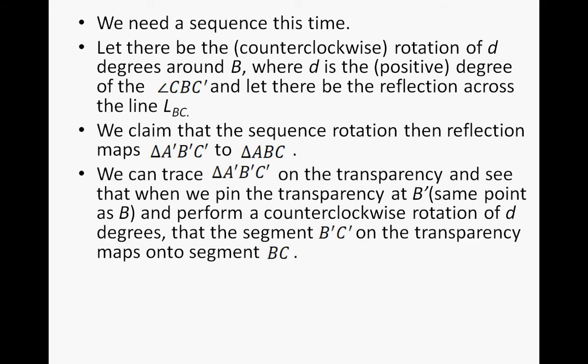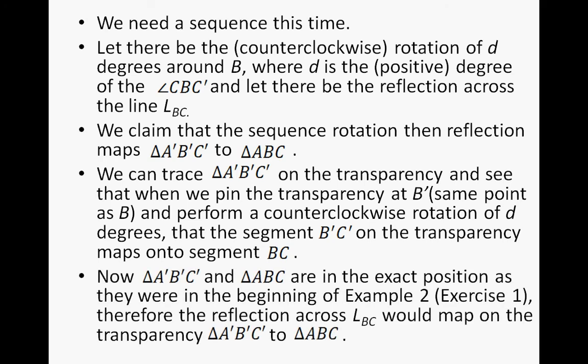And again, we can prove this by tracing on our transparency, so that when we pin the transparency at B prime, which is the same as B, and perform the counterclockwise rotation, the line segment B prime, C prime maps onto segment BC.